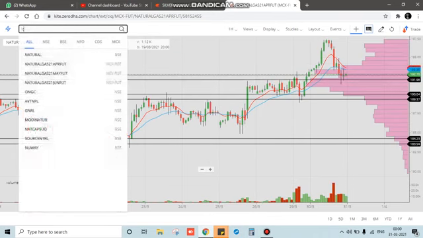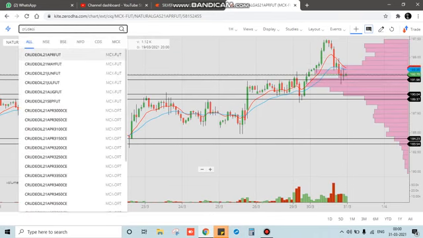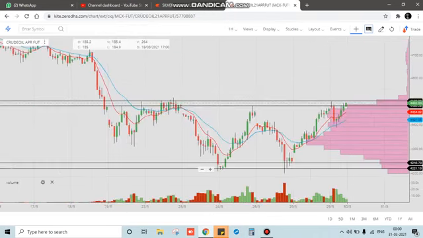And then next comes crude. Crude is another where you would have clearly seen there was some rejection. And like I said, NG and crude mostly travel in the same direction, not necessarily, but whenever gold and silver are trending one way, the other way goes the crude and natural gas.